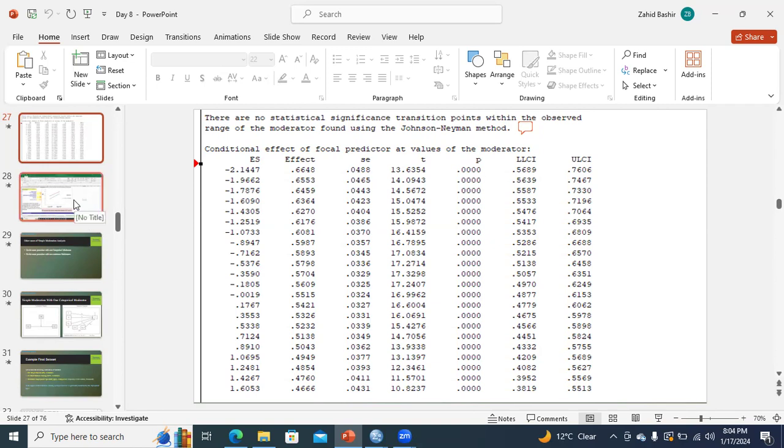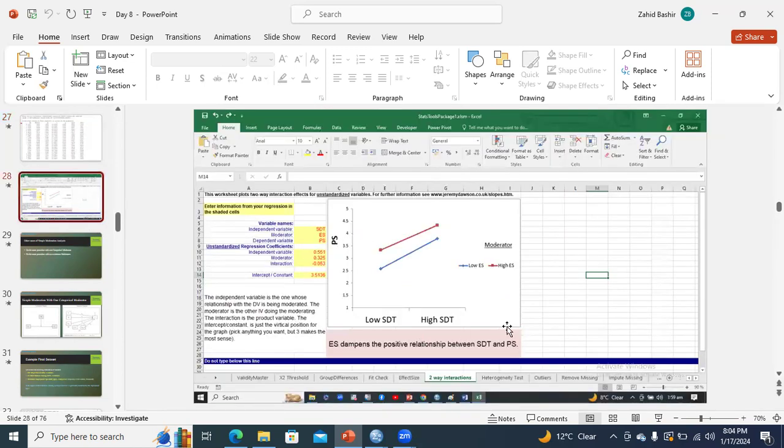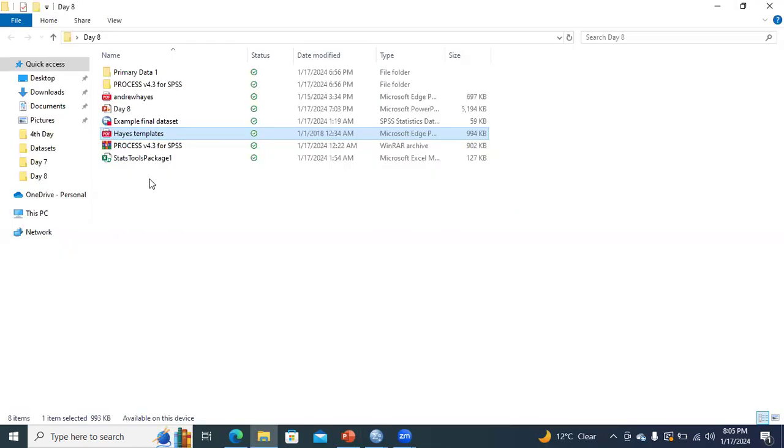So the last thing you need to understand is basically the statistical tool package. I have shared a file with you. If you see in your files, I have shared with you the example dataset file. I have shared with you PROCESS version 4.3 for SPSS, and I have also shared with you the stats tool package.